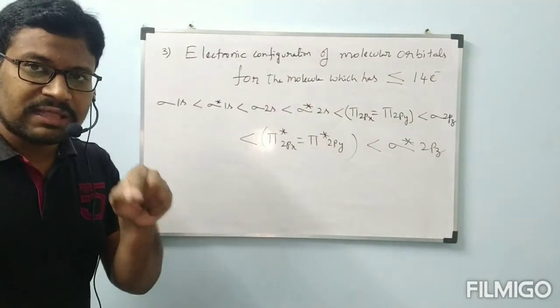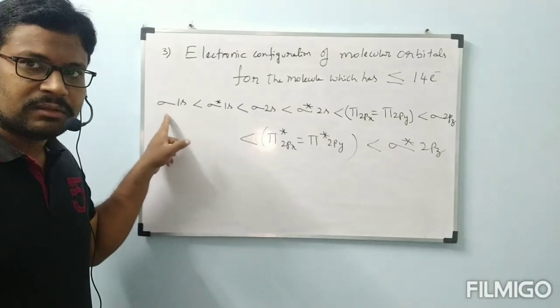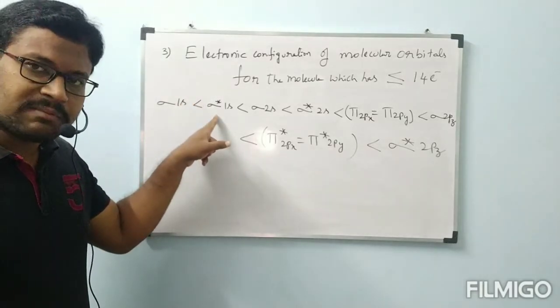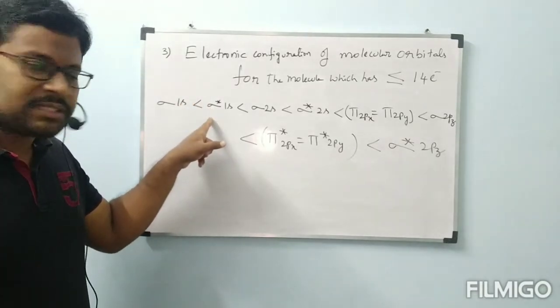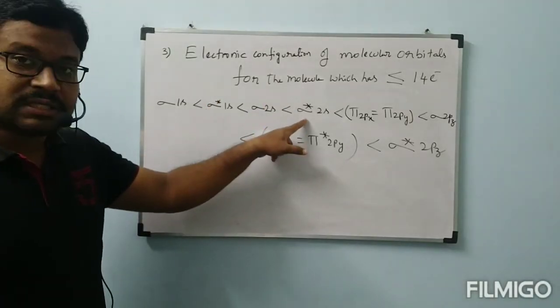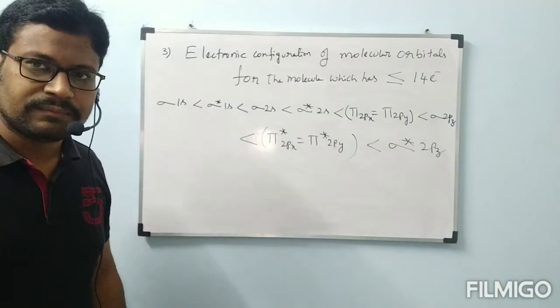If you want to fill the electrons, first sigma 1s must be completely filled. After completion of sigma 1s, only then will electrons enter sigma star 1s. That is Aufbau rule. After completion of sigma star 1s, next sigma 2s, next sigma star 2s. Every orbital can accommodate a maximum of 2 electrons only.